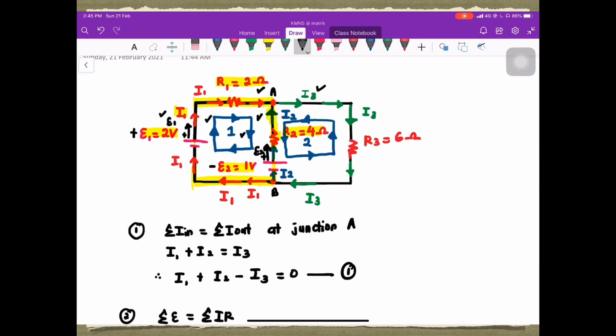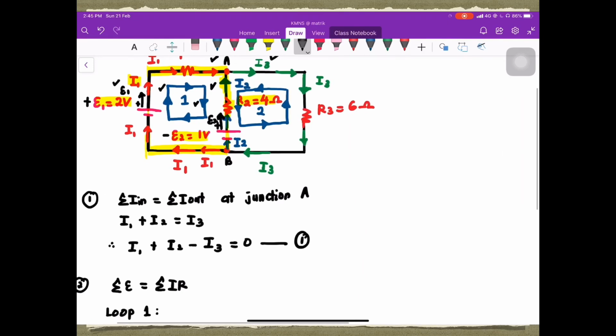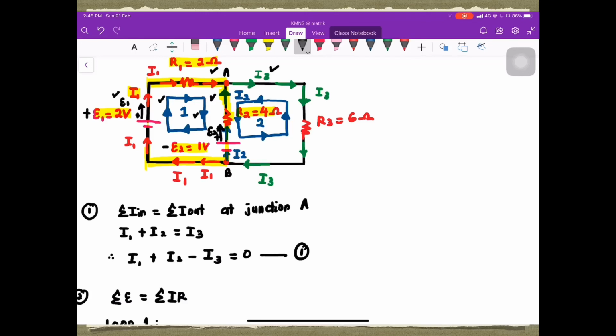So E2 is negative. So for loop 1, the sum of EMF is positive 2 plus negative 1.